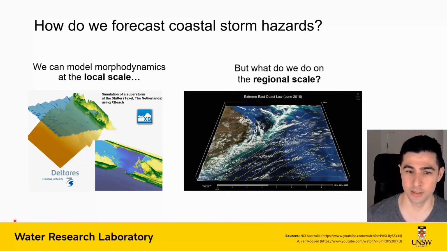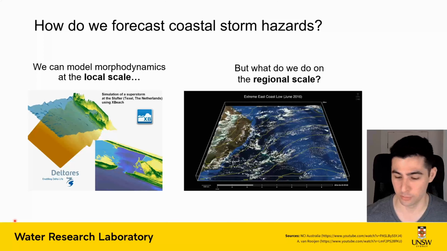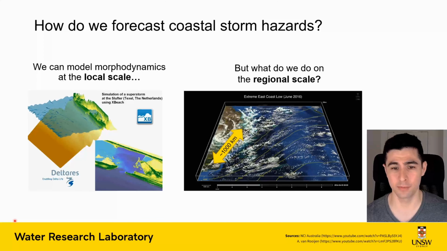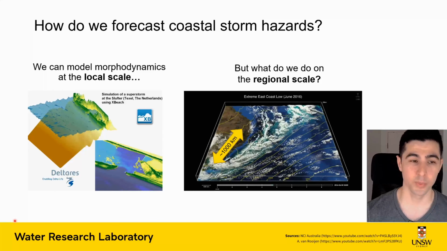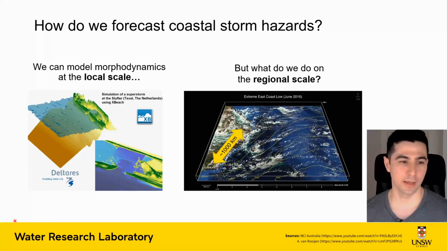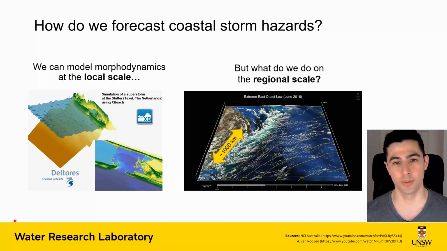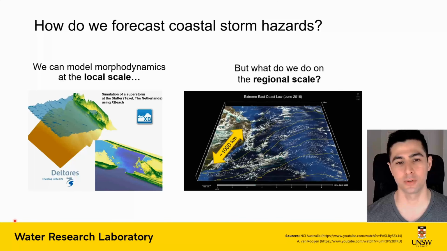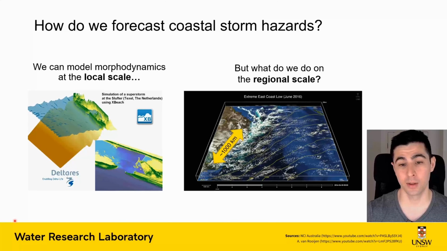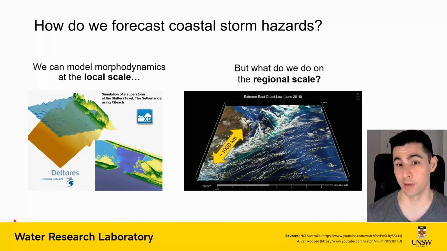This East Coast low event, which we saw footage of earlier, affected the entire New South Wales coastline, which is about 1,000 kilometers. So we can't really set up an XBeach model at every single beach along the entire coastline, but we still want to be able to understand where we need to be concerned about if we have another event like this.